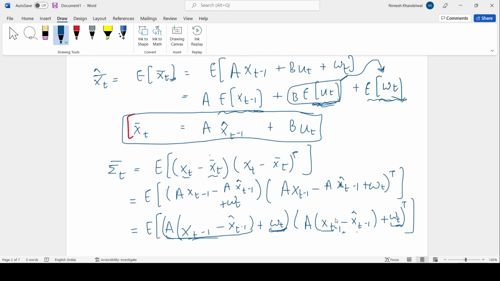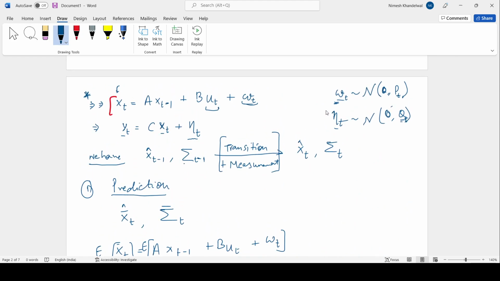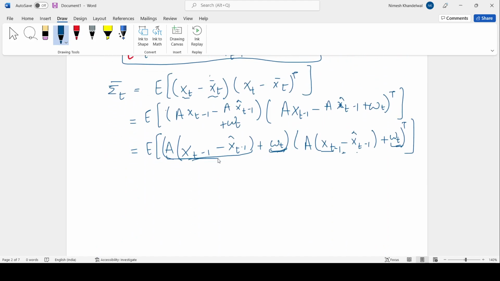Here we have assumed that this noise is an independent noise. Basically w_t does not depend on x of t minus 1, because I have told you that the source of this w_t is only my control. So I can assume that the covariance between x and w is 0.